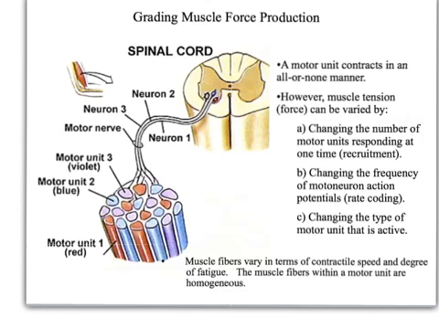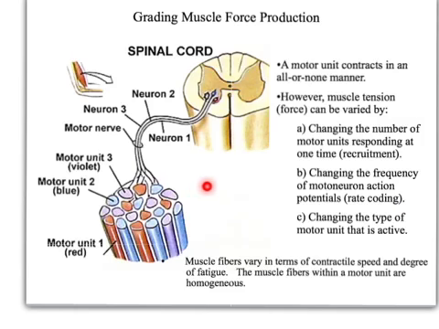So a motor unit contracts in an all or none manner. And remember, that's like the action potential is all or none. However, muscle tension can be varied by changing the number of motor units responding at one time. So it's recruiting more motor units, changing the frequency of motor neuron action potentials, that's rate coding, and we've seen that before.